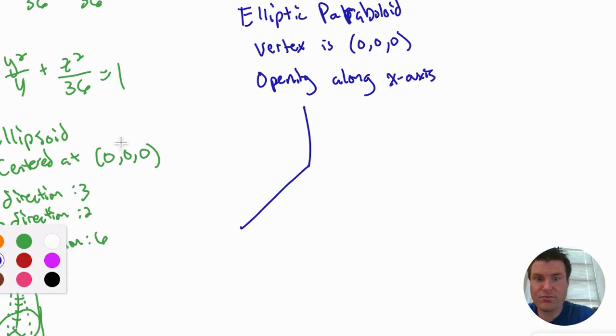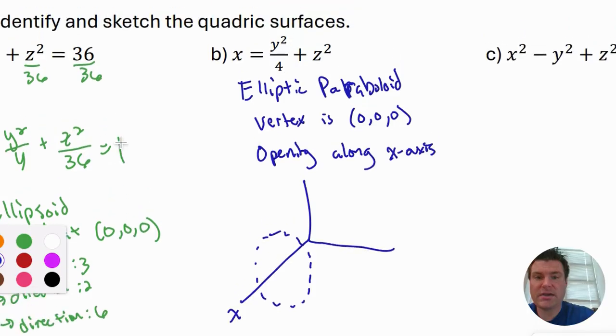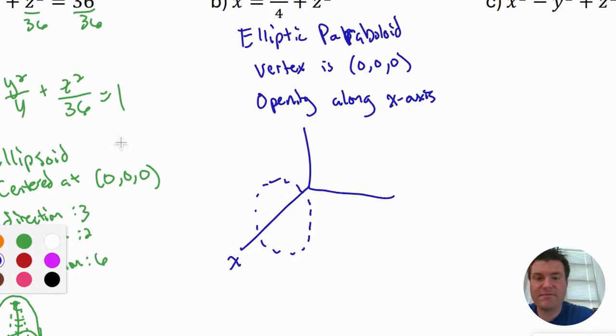If I were to sketch this, and then I'll show you what it really looks like, you'll see how great at drawing I am. So here's the x-axis. It's going to open up this way. Okay, and it should be a little bit fatter on the y side. It does not look like it is. Oof and a half on this drawing.